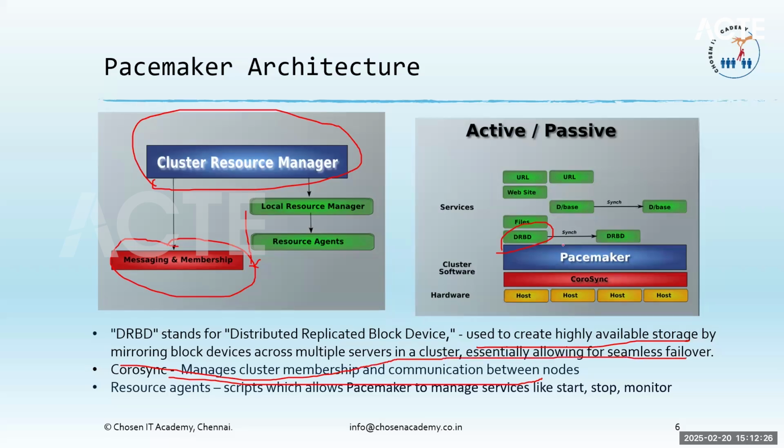It is responsible for managing the shared storage, mirroring all the information on it and making it available in case of failover. This is the component taking care of that. Service-wise, we can have a file sharing service, website service, or database.